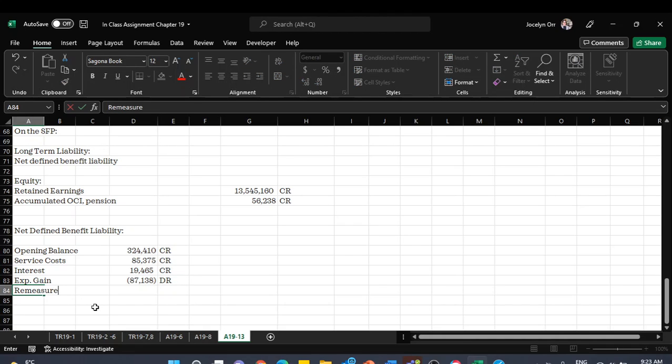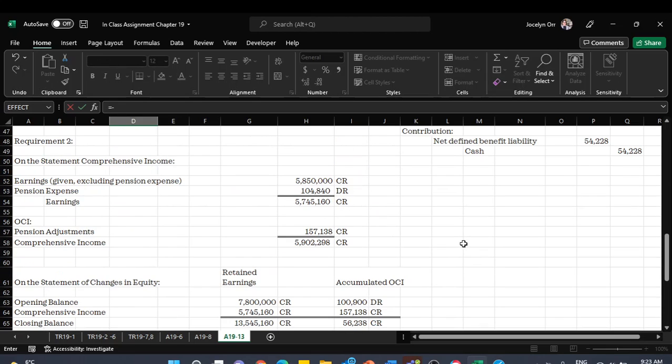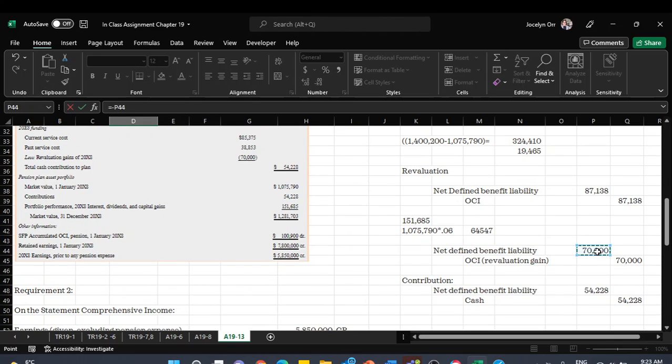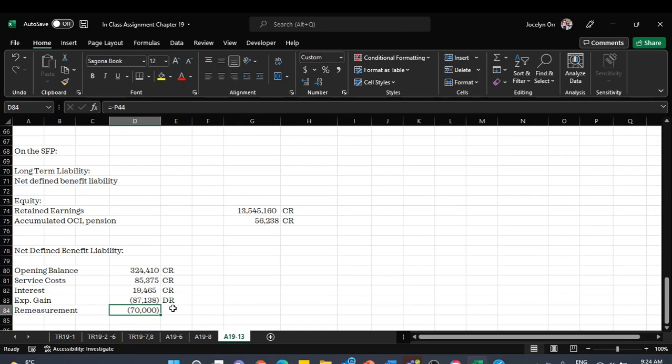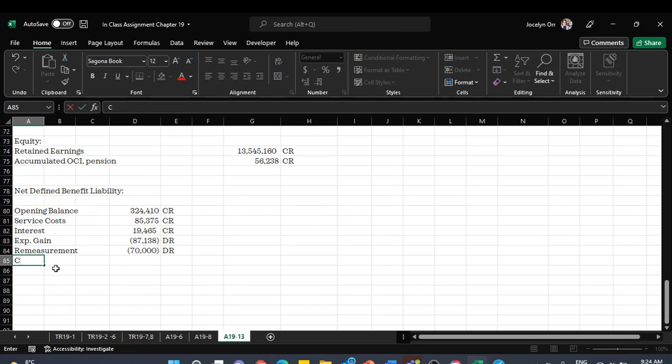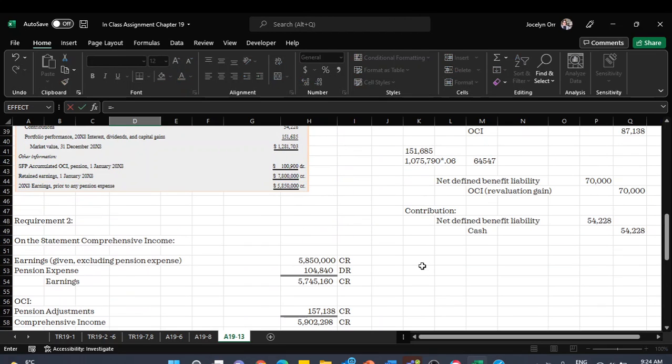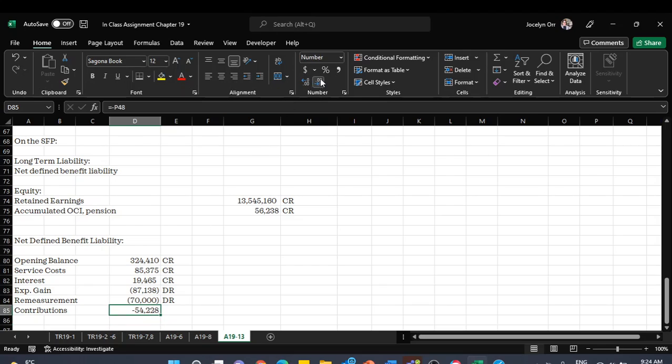We then had our remeasurement gain, which again, I'm going to display as a negative amount since it is a debit. Okay, and then we have our contributions that were made. Once again, displaying as a negative amount because it is a debit.